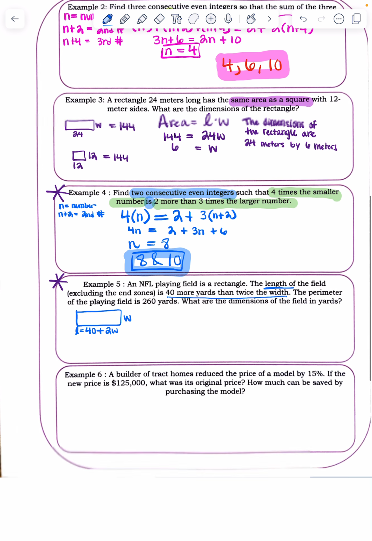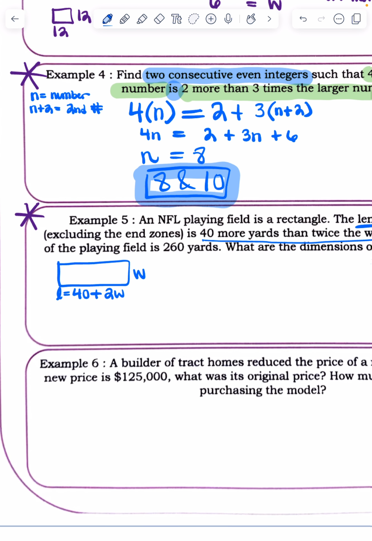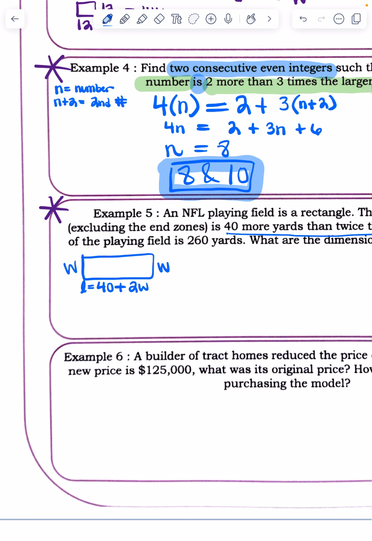However, what they did give us was the perimeter of the playing field, which is 260. Well, rectangles have 2 sides that are equal to each other and 2 other sides that are equal. So this side is also 40 plus 2w. Oops, I put a 4 for some reason. Okay, so there's a couple of ways you could do this.